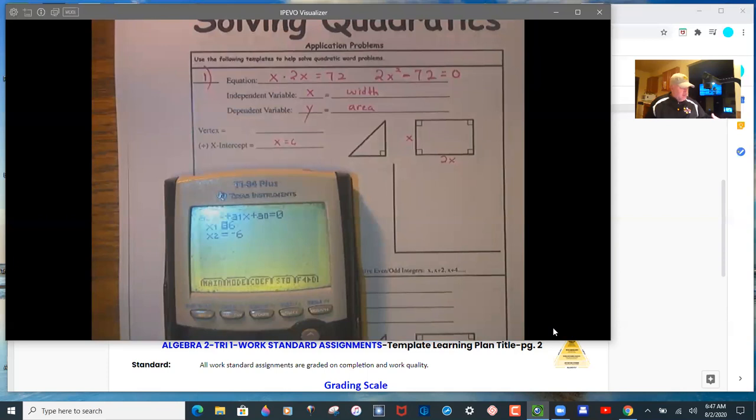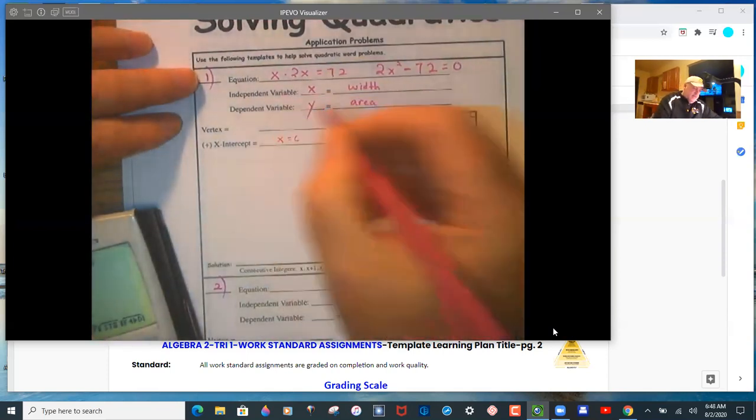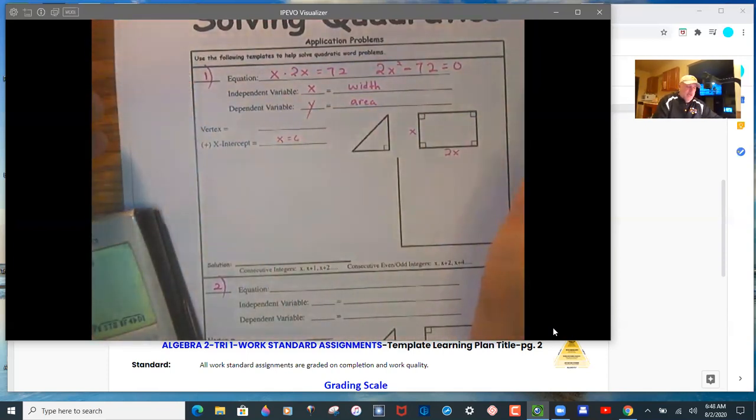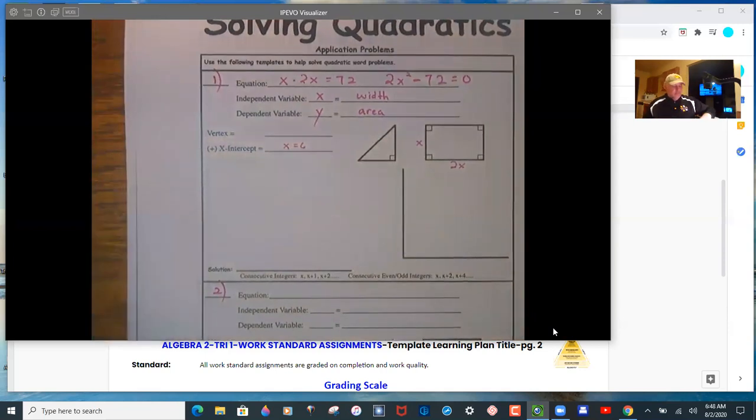So it's not going to apply in these problems. But when we go to do the free fall physics problems, it's going to matter, so know how to get the vertex. This vertex would actually be 0, negative 72, which again makes no sense. We're just looking for the solution to this.